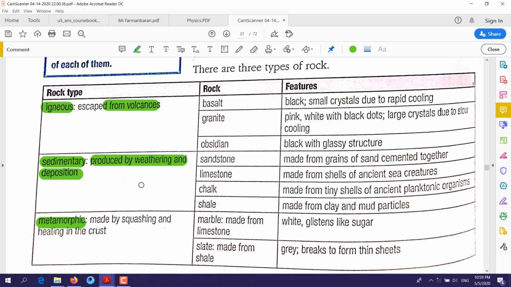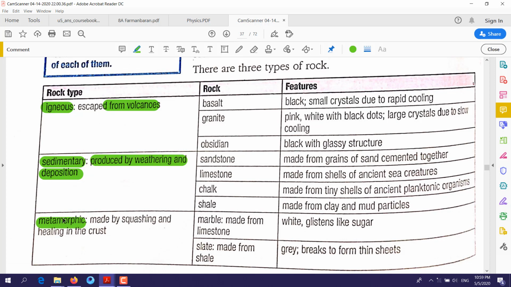Weathering means breaking the rocks into small pieces. Then deposition: when a big rock breaks down into smaller pieces, these small pieces start moving from one place to another, usually by water. Then at the end, they settle down and change their position. This is what we mean by deposition.